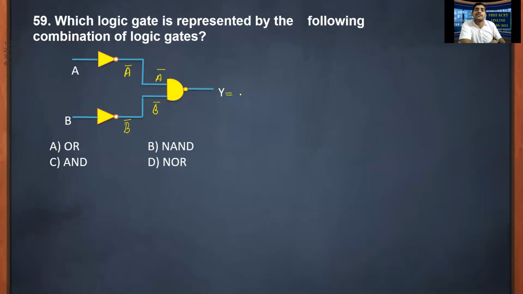So the NAND gate formula is nothing but the input A bar and this is the B bar input, so whole bar. So this you can write it as A bar, and changes to OR, this becomes B bar bar.